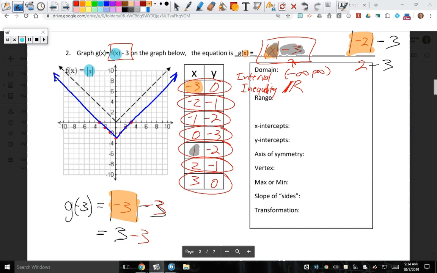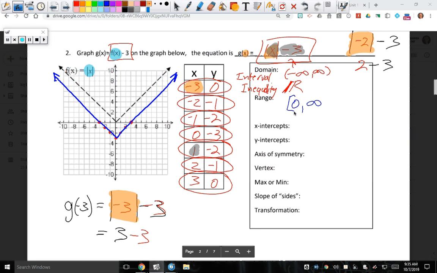Okay. All right, here we go. The range. Anyone, what's the range in interval notation? 0 to infinity. Parentheses or brackets? What goes on 0? Parentheses or bracket? Bracket, because I'm touching 0.